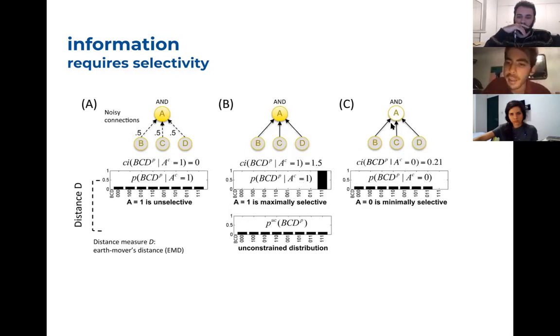While if it's silent, well, you know that probably either all of them were off, or maybe one was on, or maybe 2 were on, but you just know for a fact that it wasn't the case that the 3 of them were on. So there is some information you get by the fact that this AND neuron is off. So you have less cause information in this case because you can constrain less the past states.